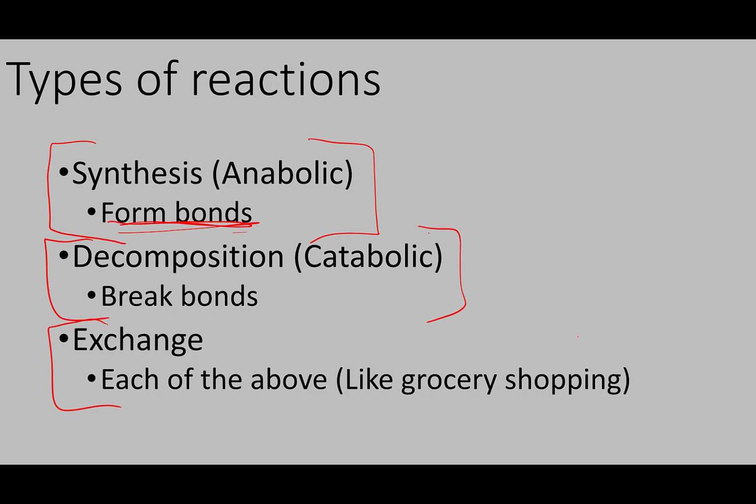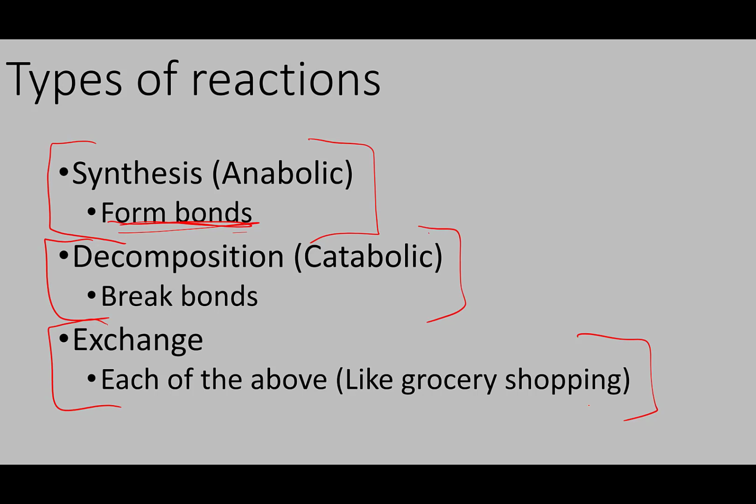And we have exchange reactions. These are synthesis reactions and decomposition reactions happening at the same time. I refer to this sometimes as, think about your grocery shopping. You go into the grocery store and you have money. So you and your money are bound. The grocery store has groceries. The grocery store and the groceries are bound.